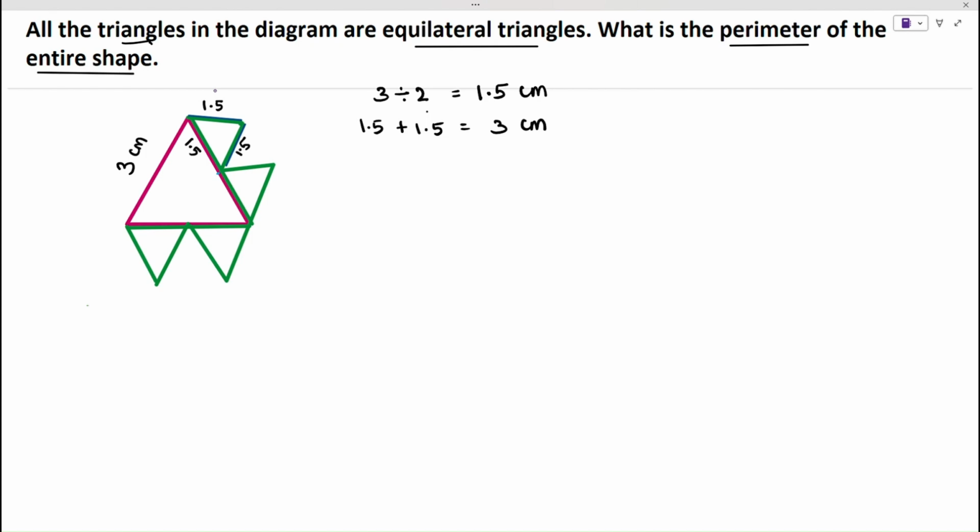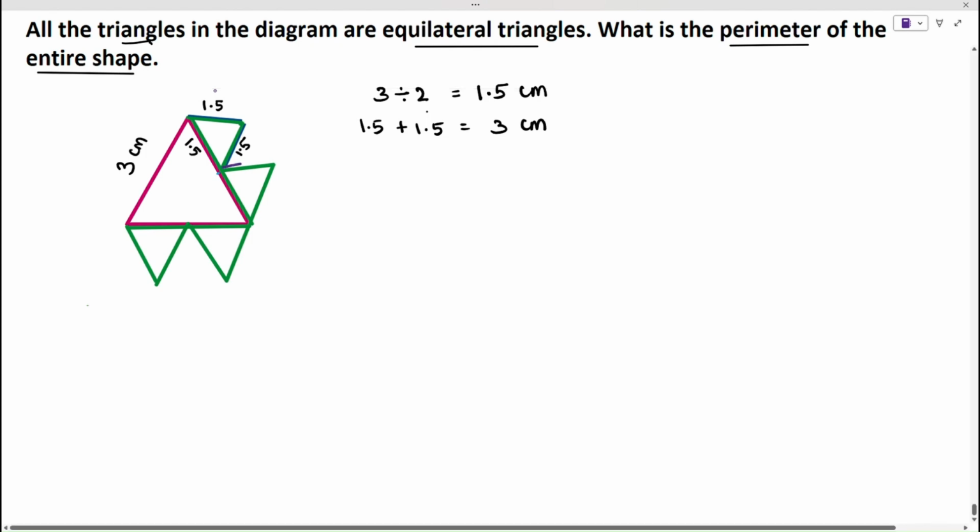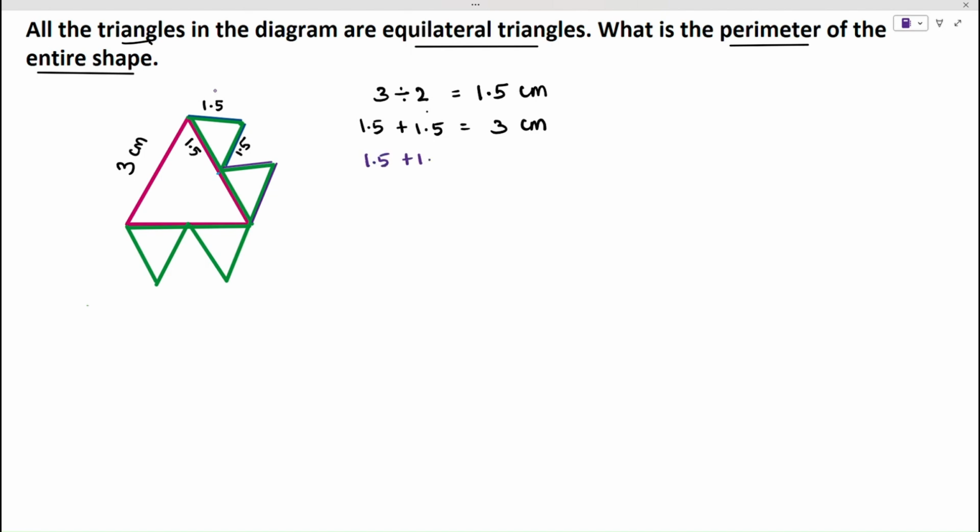So we can start off by writing 3, and then we have our next set of 2 sides on our second small equilateral triangle. So as you can see, we've drawn over our next 2 sides. So we have another 1.5 plus 1.5 is 3.